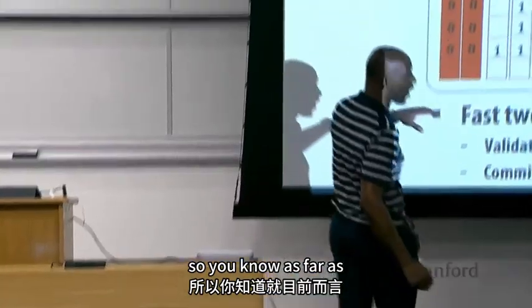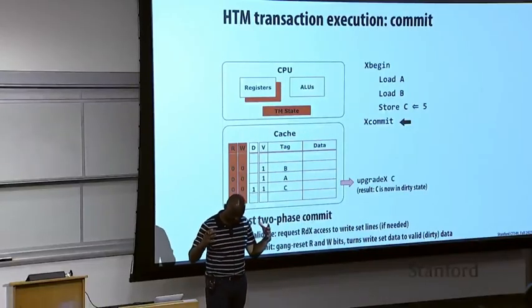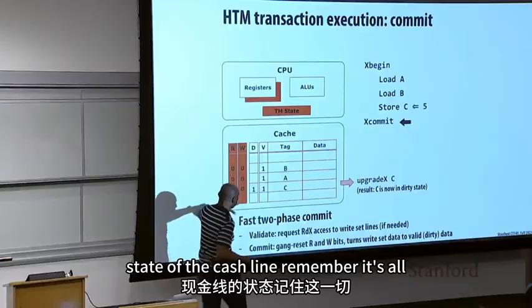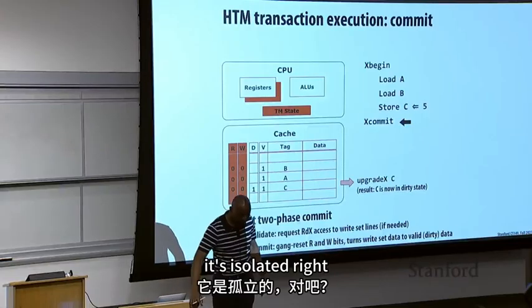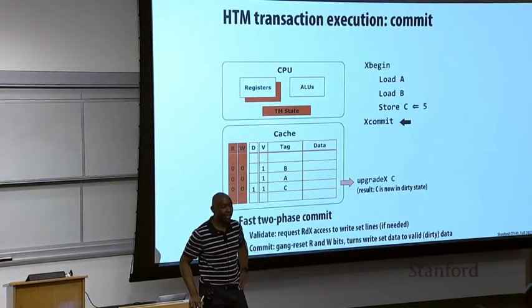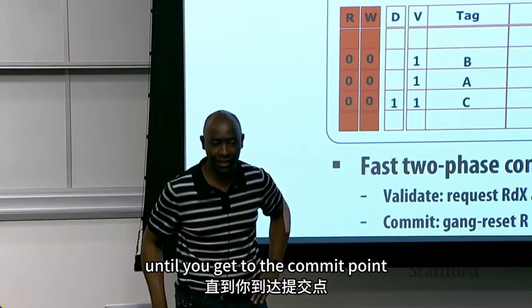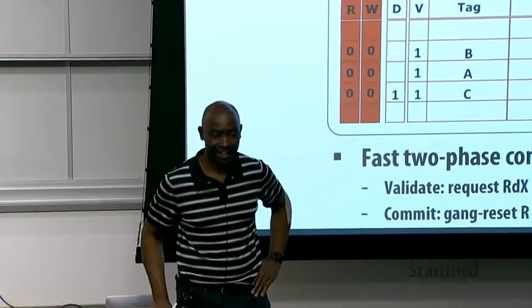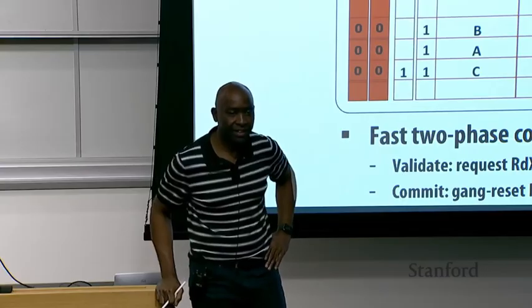So, as far as the state of the cache line, remember, it's isolated, right? So you don't really participate in coherence until you get to the commit point. Okay. That makes sense.